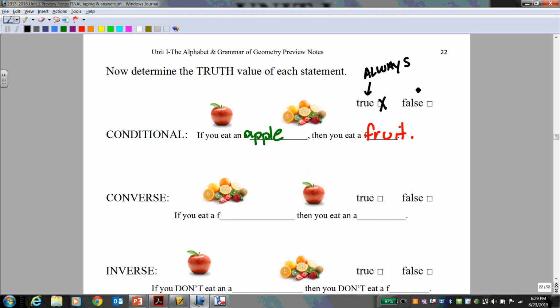Ready? Let's try the converse. The converse we switch. It says, if you eat a fruit, then you eat an apple. Take about 5 seconds and ask yourself, is this a true or a false statement? Well, you could eat a banana, can't you?